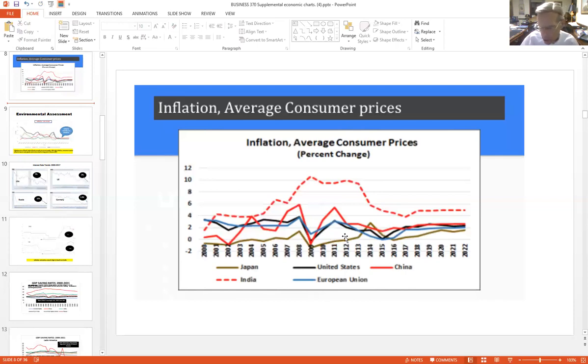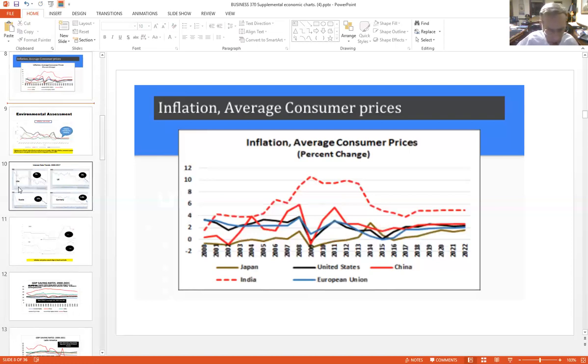Now, this picture does not really convey things the way they are at the micro level. If you go into a country such as Greece or Italy, you will find inflation to be higher.